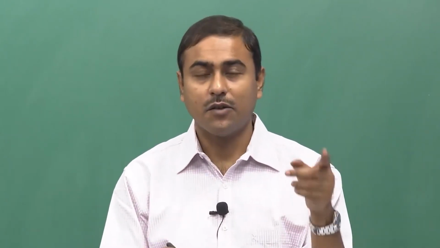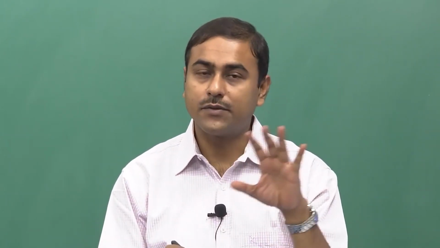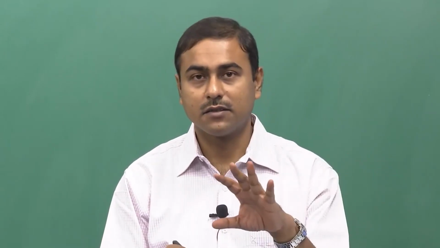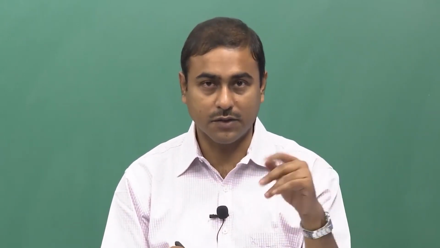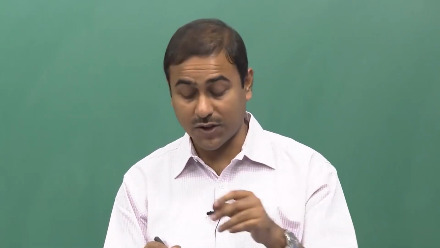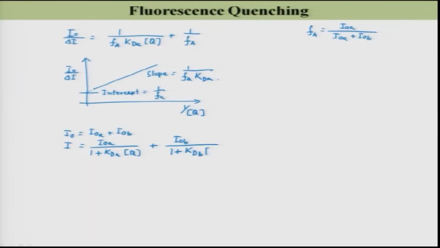The first case I showed is that one is fully accessible and the other has zero accessibility, completely inaccessible to that quencher, but here I said each is somewhat accessible. So now if I write this ratio I by I0, what will happen?